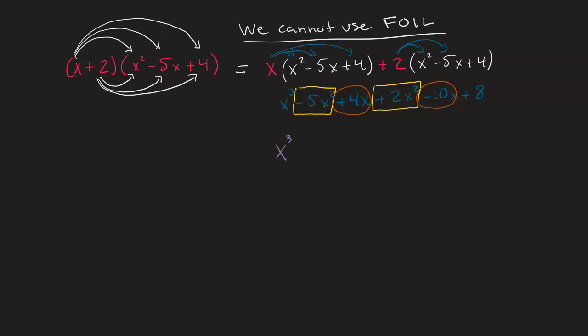Then I go with my squares. Negative 5x squared plus 2x squared ends up being negative 3x squared, because negative 5 plus 2 is negative 3. Then let's combine our circles, which is positive 4x and negative 10x. Well, 4 minus 10 is just negative 6, and I bring my variable down, and then I'm left with my constant, which nothing combined with. And that would be my solution after multiplying these polynomial expressions.